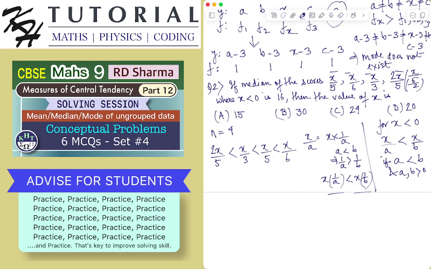Then since n is 4, obviously the median will be the mean of these two, the second and third position, the mean of the second and third observations. So median should be equal to x by 3 plus x by 5, whole divided by 2.